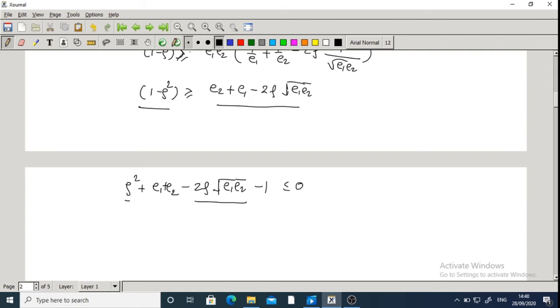To make a perfect square, 2 times rho will be there, so we can write this as rho square minus 2 times rho square root of E1 E2. If I add E1 E2 and subtract E1 E2, we get a perfect square here, correct? And this term as it is, plus E1 plus E2 minus 1 is less than or equal to 0.